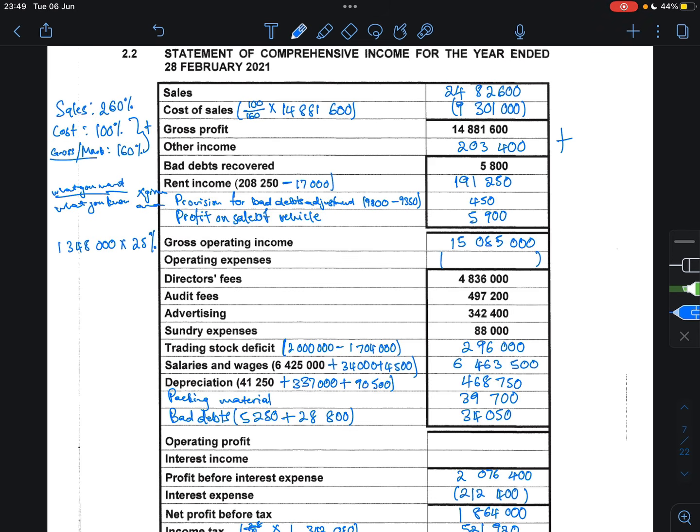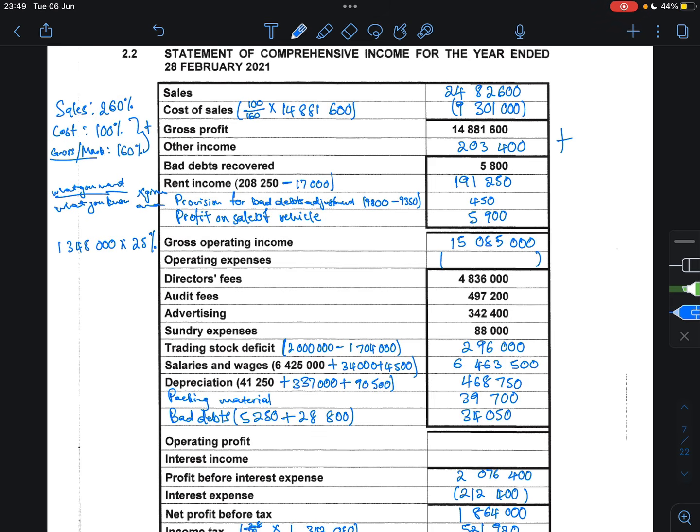operating expenses. We add all these amounts. Oh, please ensure that you get all of these amounts into your calculator correctly, and just calculate twice just to ensure that you got everything into your calculator correctly.